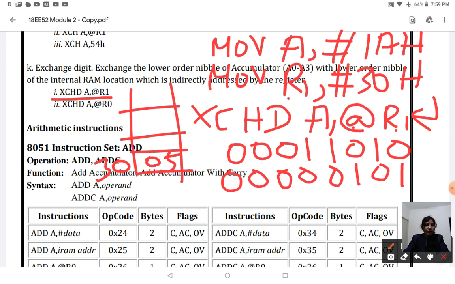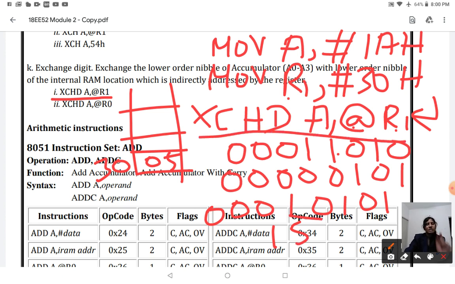Now after executing the third instruction, that is XCHD A, @R1, the lower order nibble of A, A0 to A3, will be exchanged with the lower nibble of the memory. So after executing this instruction, the content of the accumulator is going to be 0001 0101, that is 15.